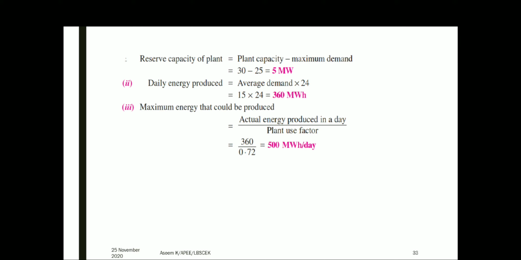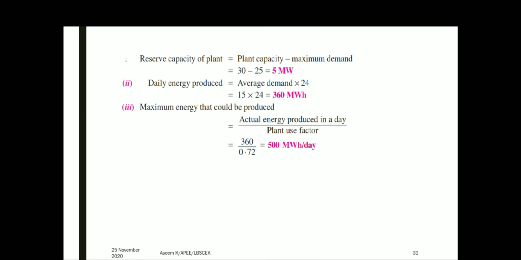Then daily energy produced is average demand into 24, so we will get 360 megawatt hour. The maximum energy that could have been produced, from the equation of plant use factor, is the actual energy produced in a day divided by plant use factor, that is 360 divided by 0.72, 500 megawatt hour per day.